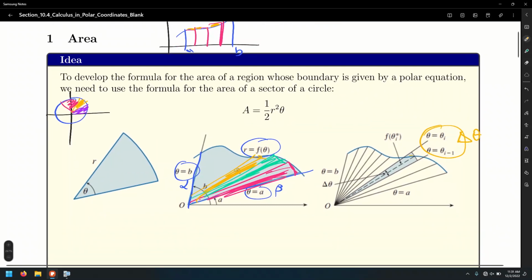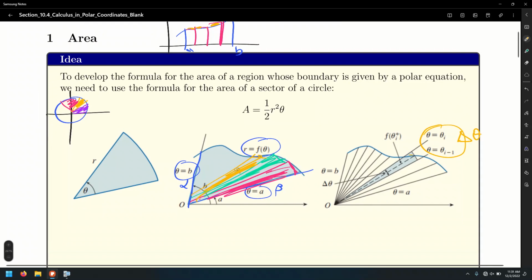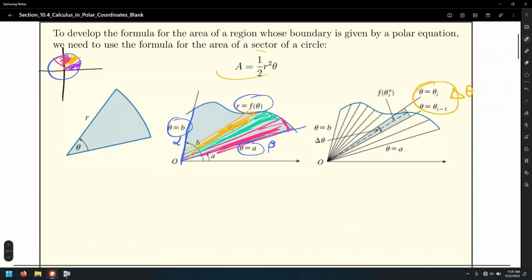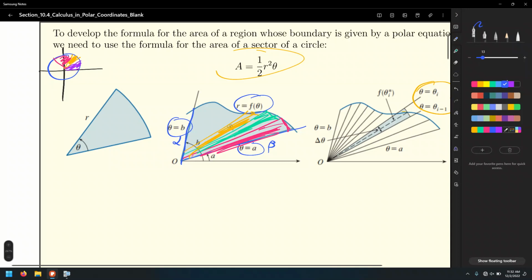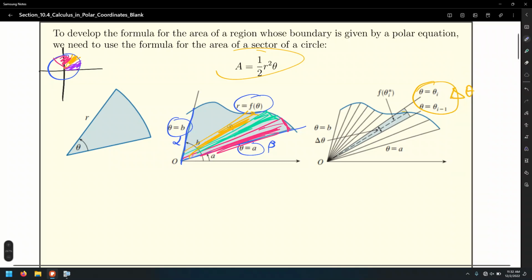So, relying on the formula for finding the area of a sector, you learned that in trigonometry or even in basic geometry when you first got introduced to this. We're going to start with this: area equals 1/2 r squared theta.